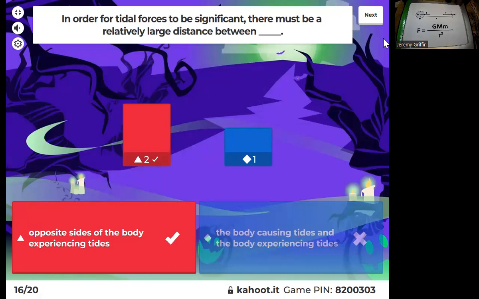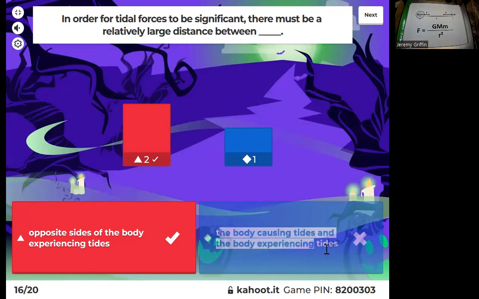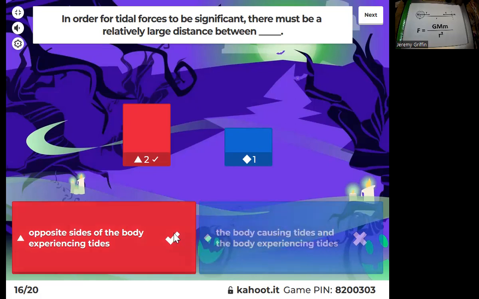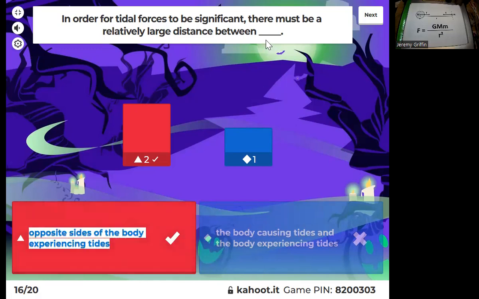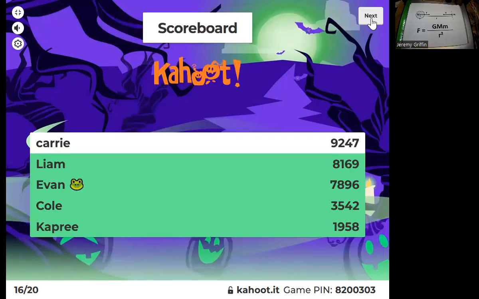So whatever has the tides on it, like the Earth has tides, you care about the diameter of that object, the diameter of the Earth, and how far proportionally the moon is compared to the sun. So it's not the blue one. The blue one says you want the object causing tides to be very far away. That's the opposite of what you want, right? If you want more effective tides, you actually want it to be relatively close. You just want the proportional distances from the close side to the opposite side to be a big proportion.